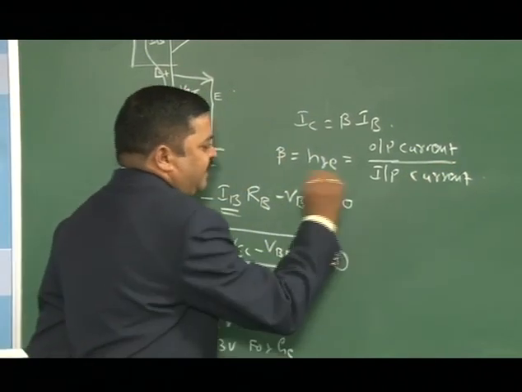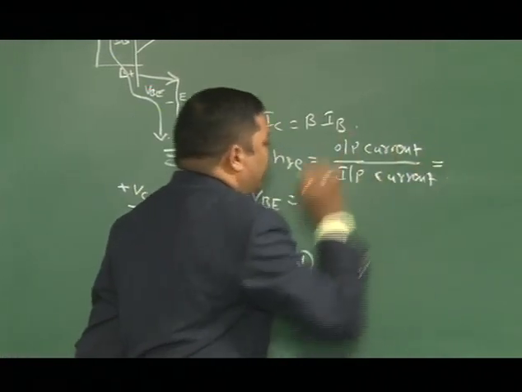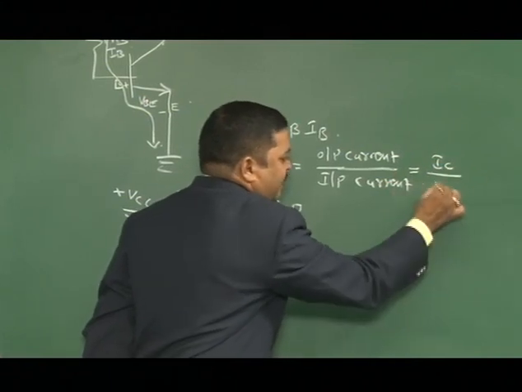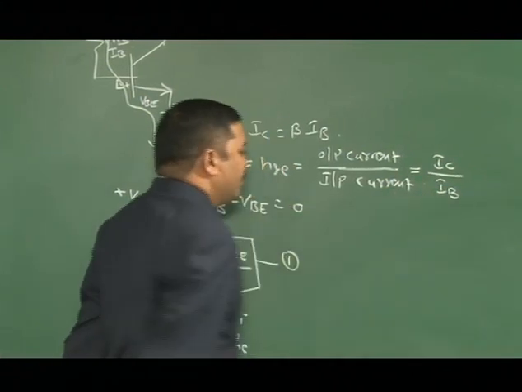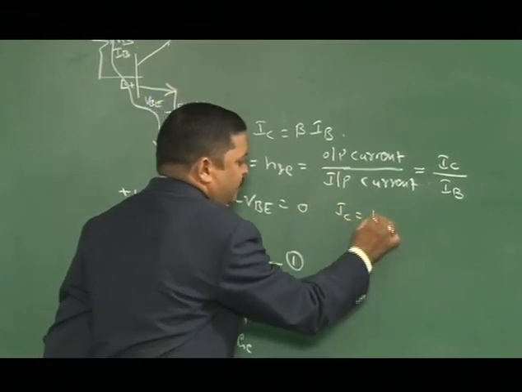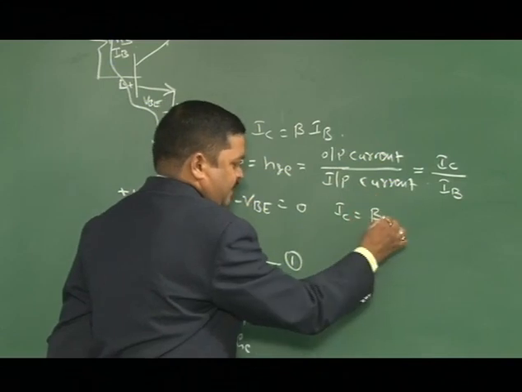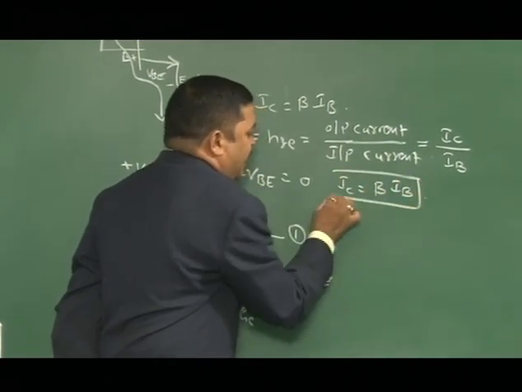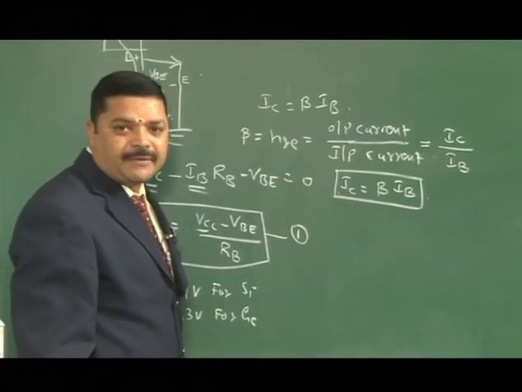So output current in CE configuration will be IC, and input current in CE configuration is IB. Therefore, what is IC out of this? IC is equal to beta or HFE into IB. So therefore, IC is given by beta into IB.